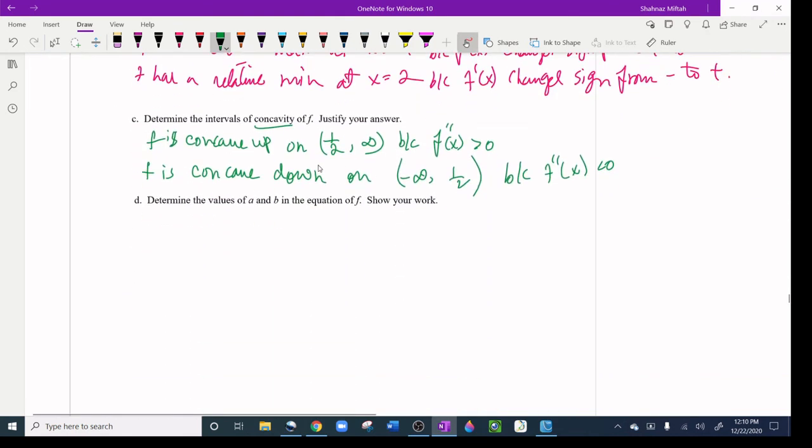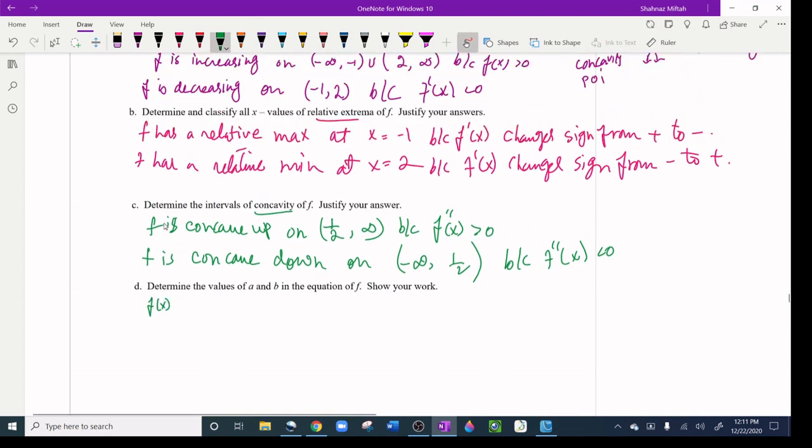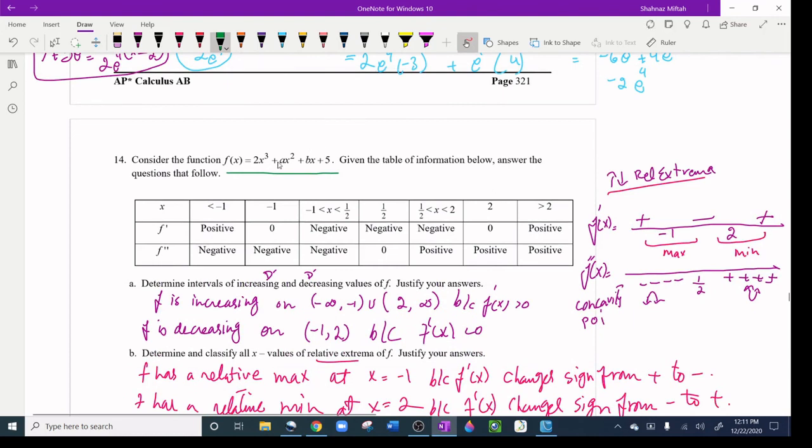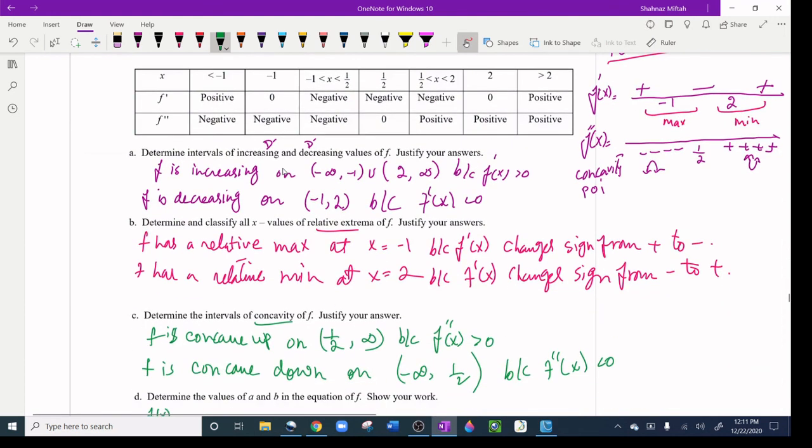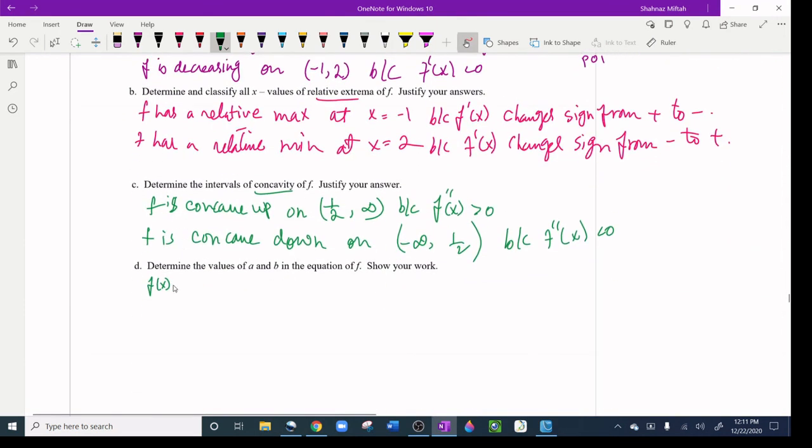I'm going to take a derivative of that function. If that's the case, then always take a derivative. You can take a first derivative or a second derivative, as long as we get the x or a, one of those variables, so we can get the b, or we can have an x or b and get the a. My original function f of x is 2x cubed plus ax squared plus bx plus 5.